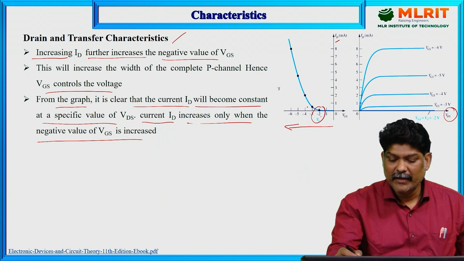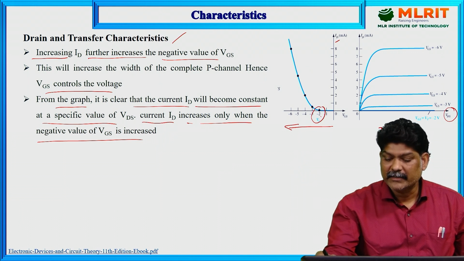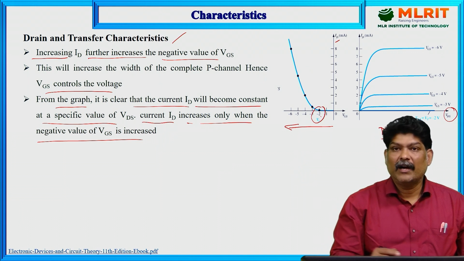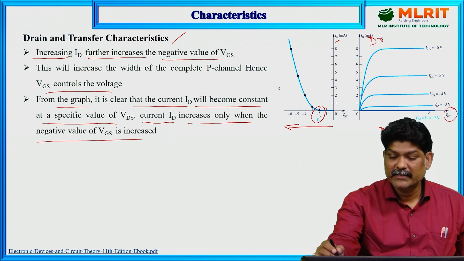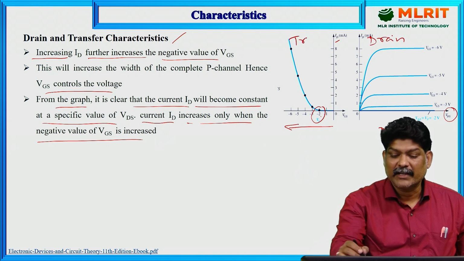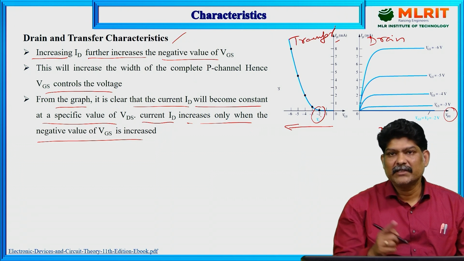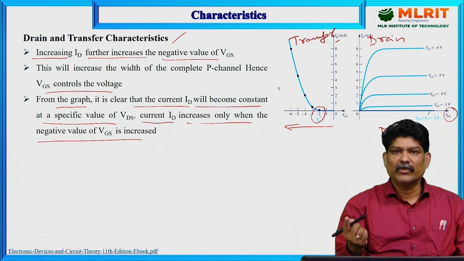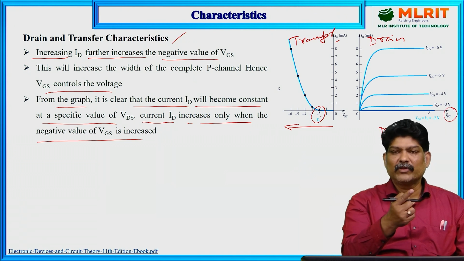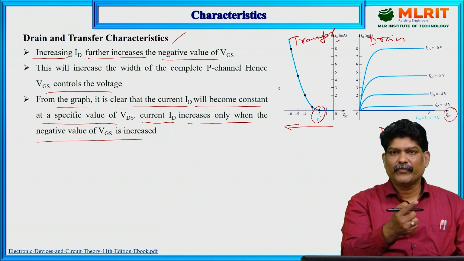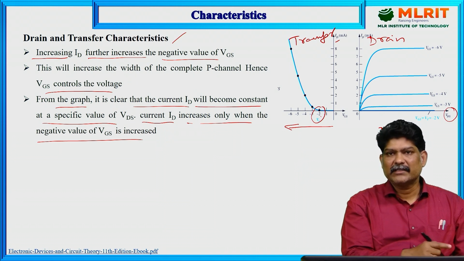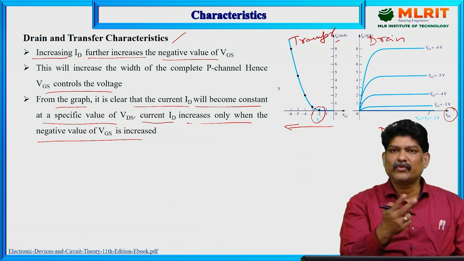So this is the drain characteristics, and this is the transfer characteristics. Drain characteristics is the graph drawn between the output voltage VDS and the output current, drain current ID. Whereas transfer characteristics can be generated in two different ways.